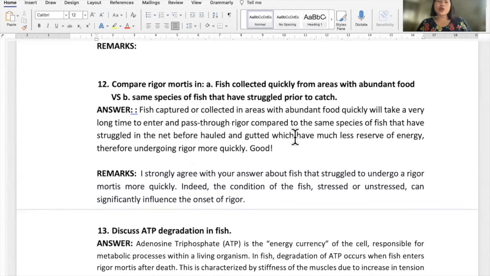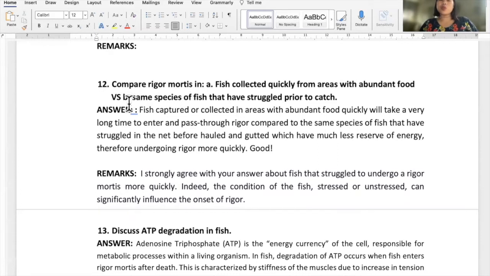Okay, so for number 12, compare rigor mortis in fish collected quickly from areas with abundant food and the same species of fish that have struggled prior to catch. So kumbaga, between the two, yung first is mas relaxed, mas busog, mas madaming energy reserve.